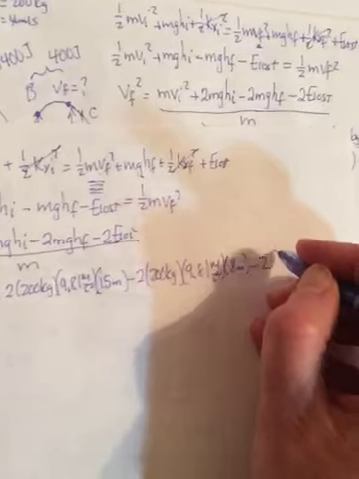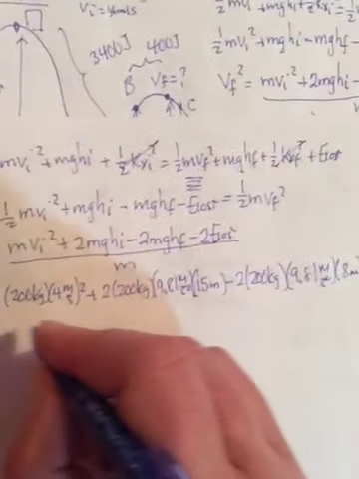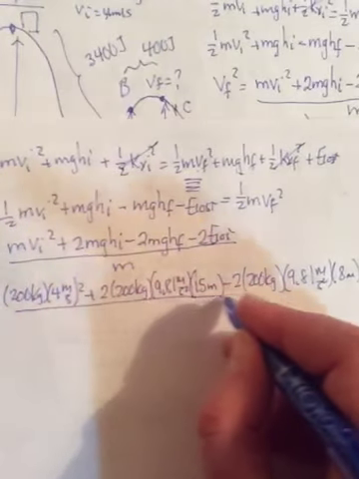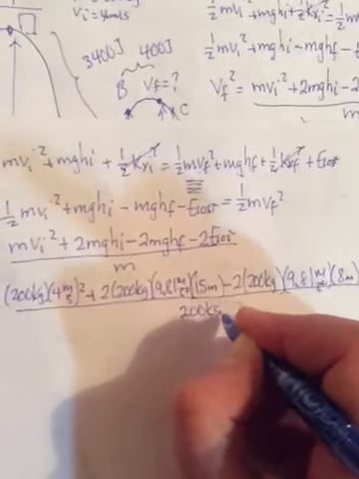So for the E lost, I have to add my 2 E losses together, 3,800 joules. And then this whole thing gets divided by 200 kilograms.